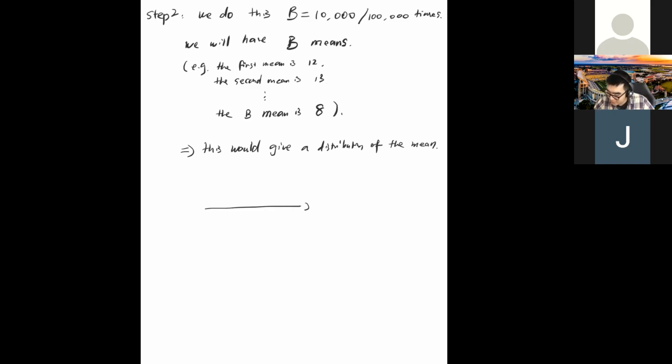If you plot all these B means in this graph, you can see that it follows a normal distribution, and the mean is going to be 10.5. So this is a PDF of the mean.